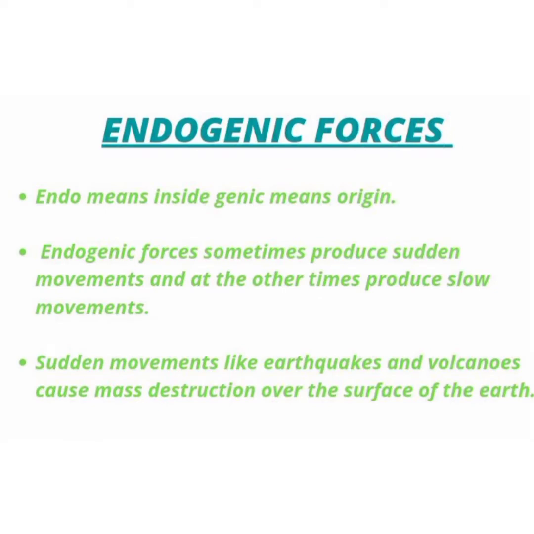Endogenic forces. Endo means inside and genic means origin. Endogenic forces sometimes produce sudden movements and at other times produce slow movements. Sudden movements like earthquakes and volcanoes can cause mass destruction over the surface of the Earth.